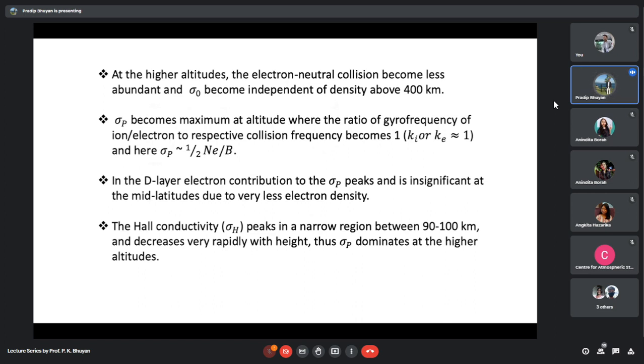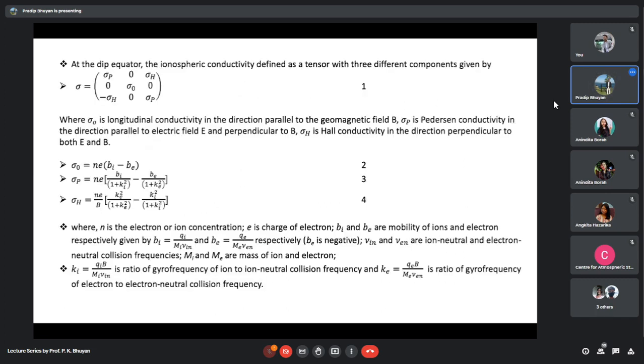If you look at the equation for sigma P, put Ki and Ke equal to 1, you will get Ne by B divided by 2. If I go up to this equation, sigma P, this becomes 1, this becomes 1, and this also, so Ne divided by 2, okay?